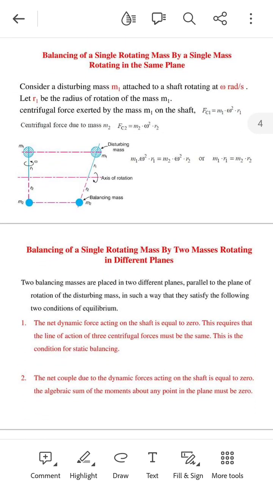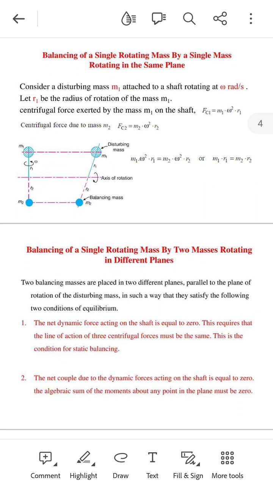Then the second one, balancing of a single rotating mass by two masses rotating in different planes. The two balancing masses are placed in two different planes parallel to the plane of rotation of the disturbing mass in such a way that they satisfy the following two conditions of equilibrium. One, the net dynamic force acting on the shaft is equal to 0.